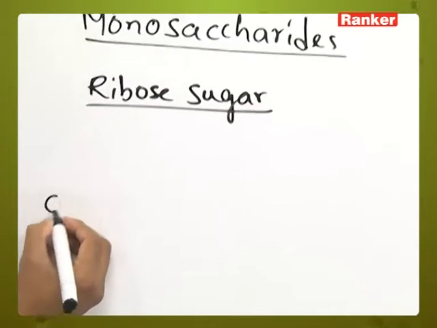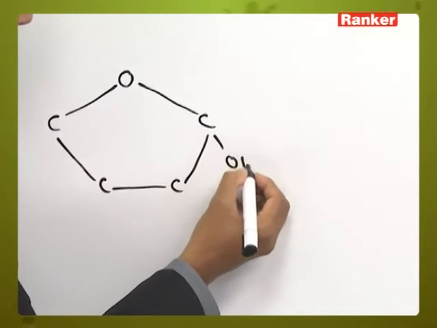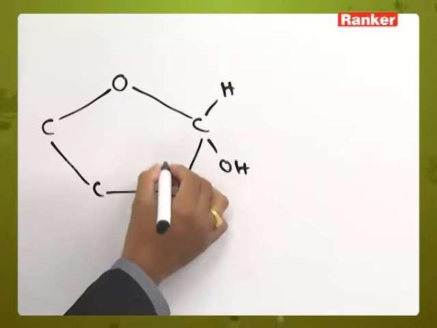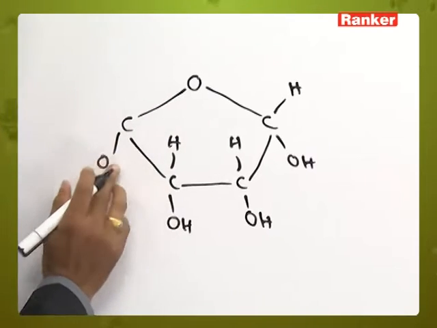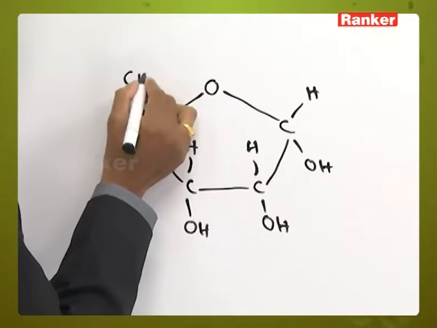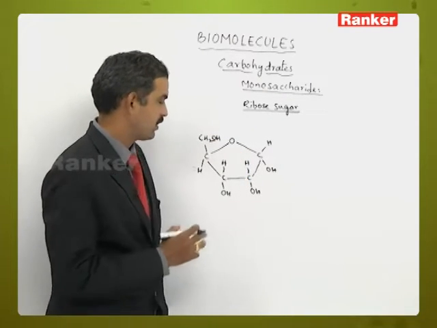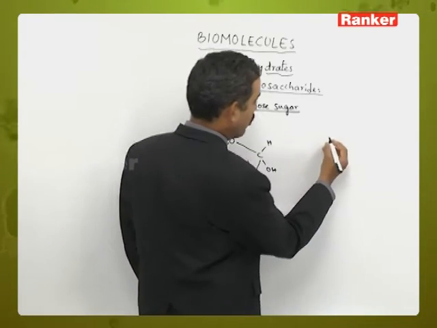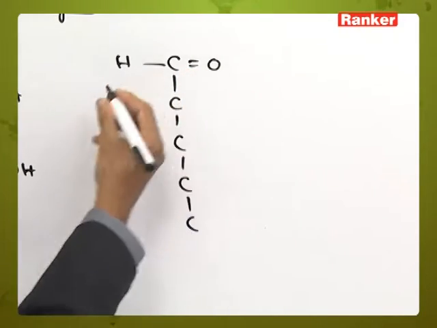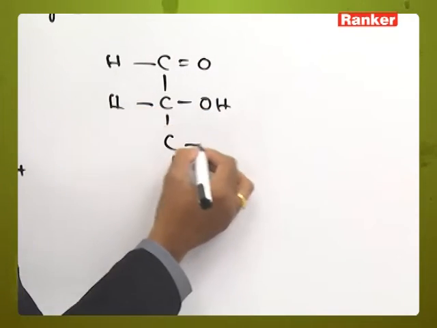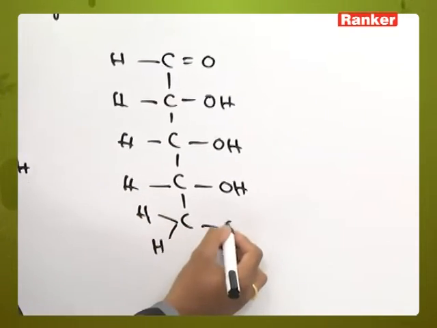This is a ring structure exhibited by the ribose sugar, whereas in the open chain structure, 5 carbons will be present, and the first carbon has a C double bond O and H. Then OH, H, OH, H, OH, H, and at the end 2 hydrogens and an OH group.